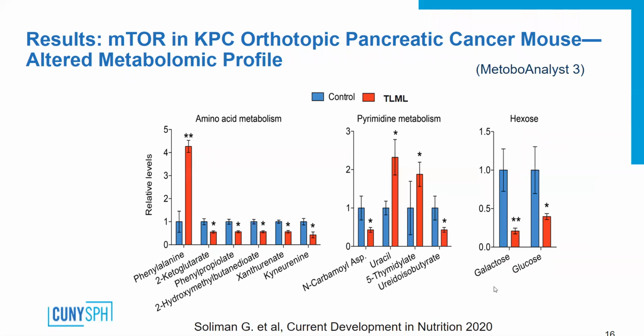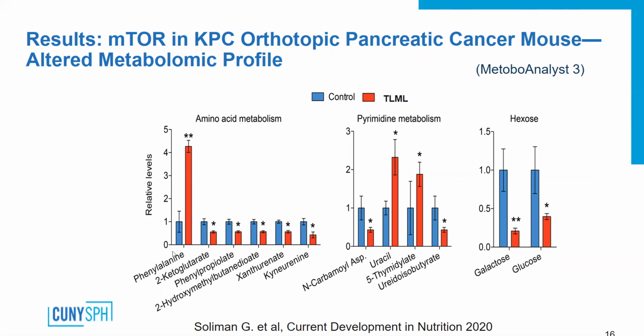So we deconvoluted the pathways using the MetaboAnalyst programming, and we found that the combination of taurine and metformin significantly affected amino acid metabolism. Particularly, there was significant elevation of the phenylalanine concentration, almost fourfold increase.